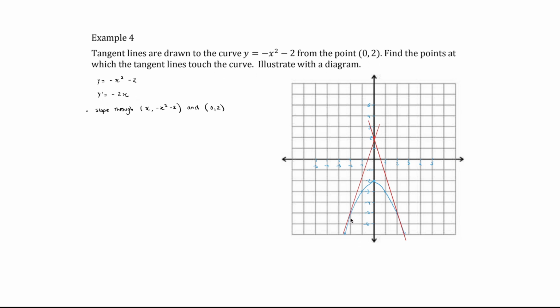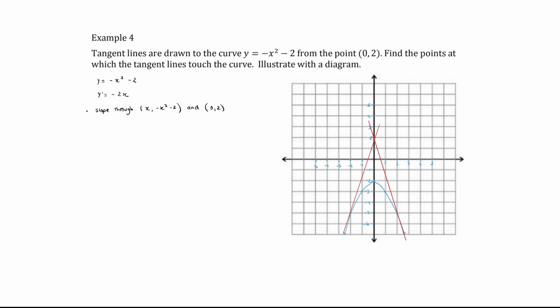Basically, we want to find the point for which this line will have a slope of negative 2x, okay? So we want to know what this point is, which is going to be 2 different points, actually. And so we're going to keep the point in a general form. If we have a coordinate of x, well, we are going to have a y coordinate of negative x squared minus 2, because that is the function that we are given.